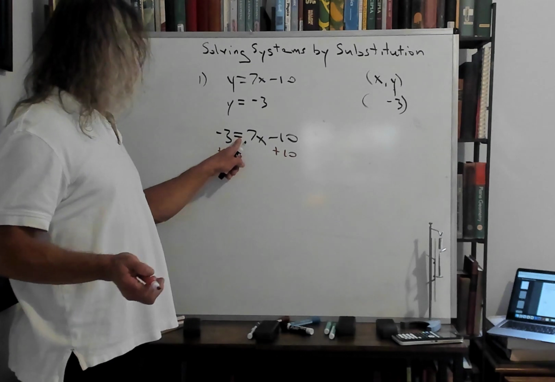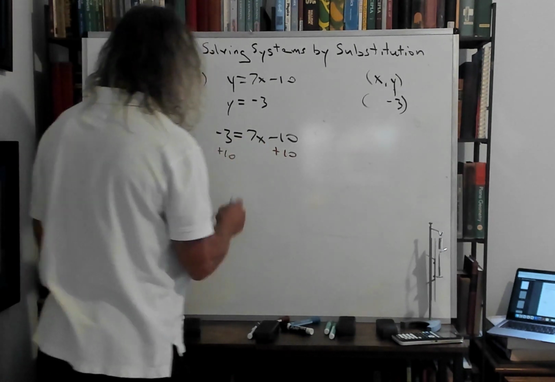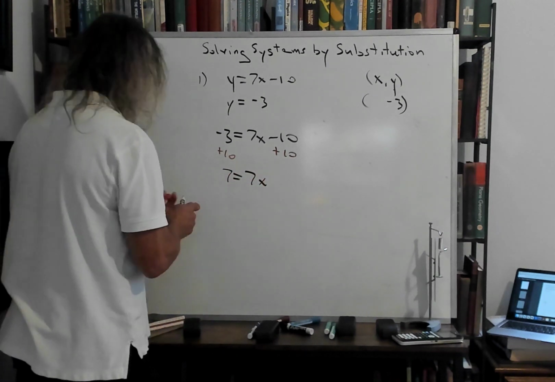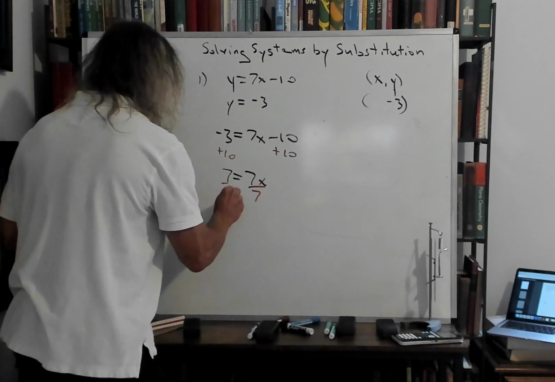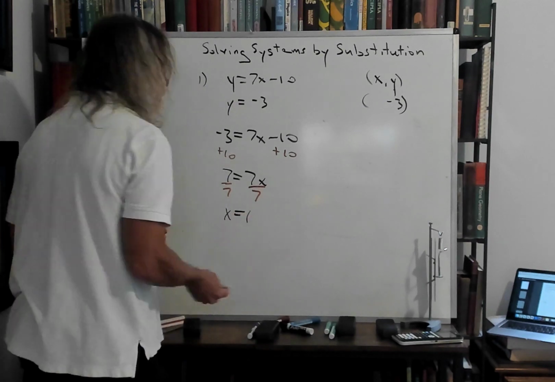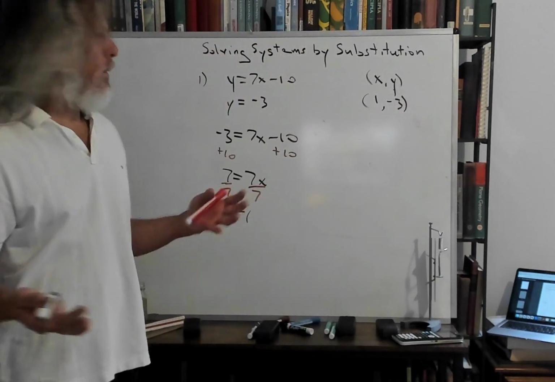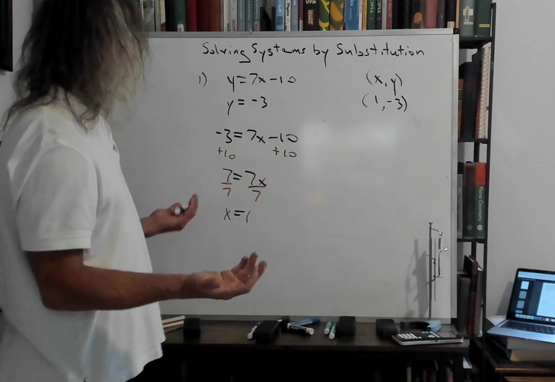One equation, one equal sign with one letter. Solve for the letter. 7x divided by 7. X is 1. 1, negative 3, that's our answer. So that's a little easier. Some of it's given for us.